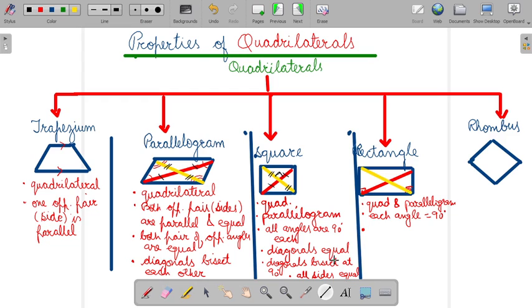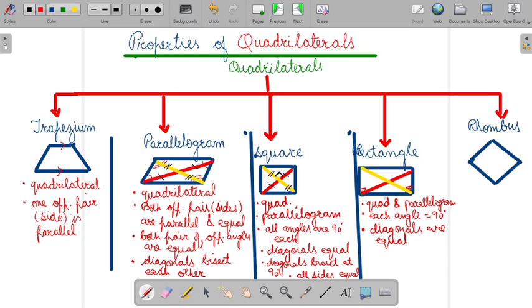And one more property, that in a rectangle diagonals आपके equal भी होते हैं. Diagonals are equal. Diagonals ये दोनों आपके equal भी होते हैं. ठीक है?